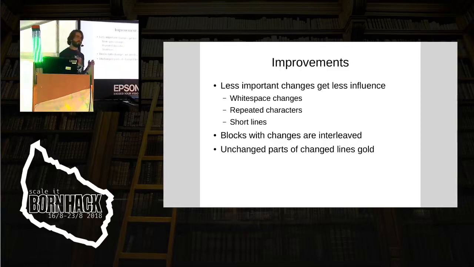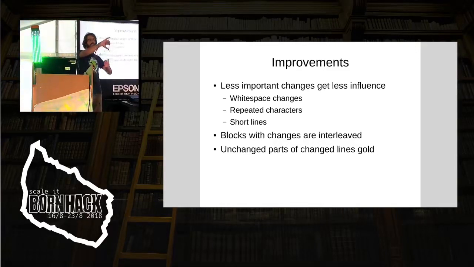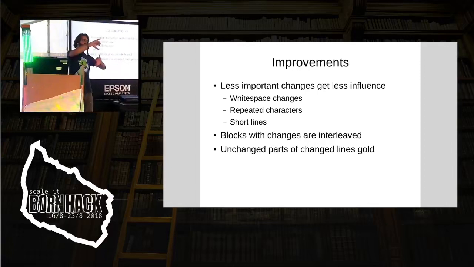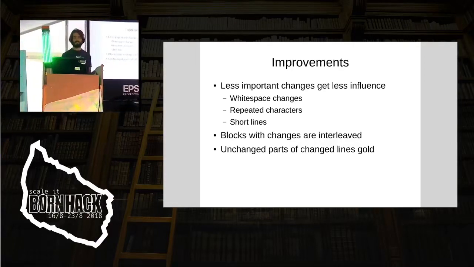And to make the output more visible, if you have a block of code and another block of code, you normally first get the deleted one and then the added one. What I did is interleave them so you can see the difference line by line. And in those lines, the unchanged parts are displayed in gold.